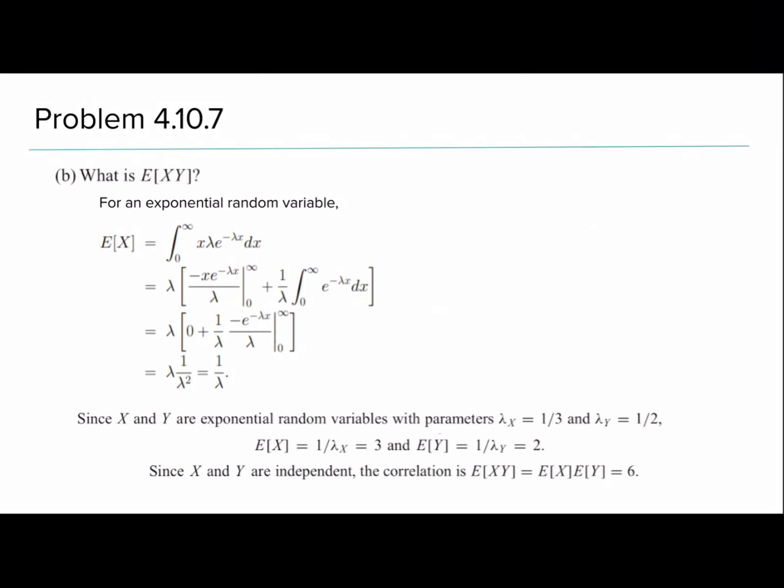So the expected value of x comes out to be 1 upon 1 by 3, which is 3, and the expected value of y is 1 upon 1 by 2, which is 2. Since x and y are independent, E of xy is equal to E of x into E of y, which is 3 into 2, equal to 6.